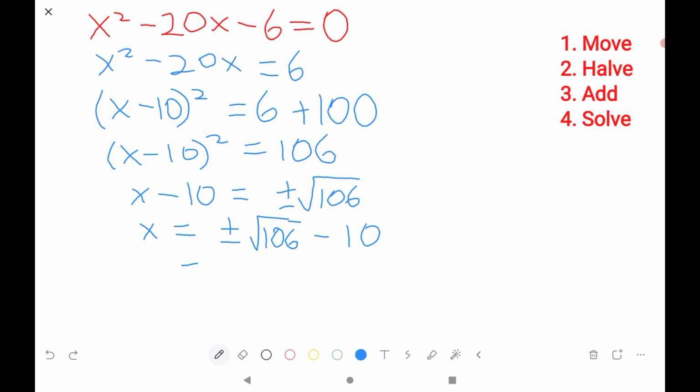And our final solution, we've got two solutions as always. The first one is root 106 minus 10, and the second one is minus root 106 minus 10.